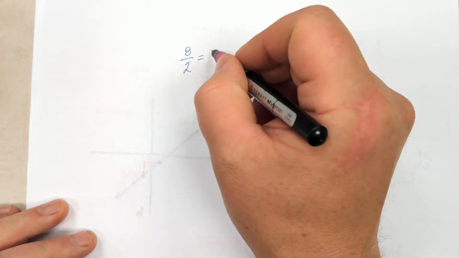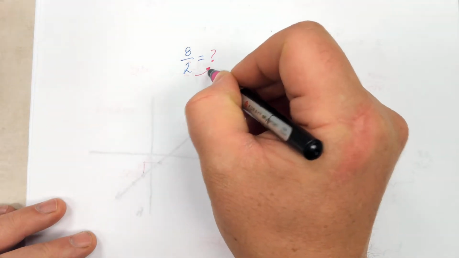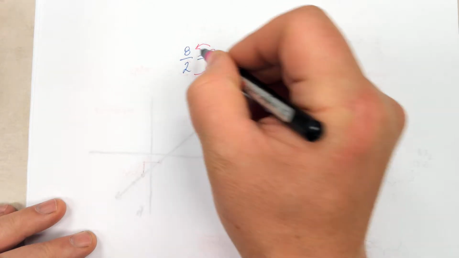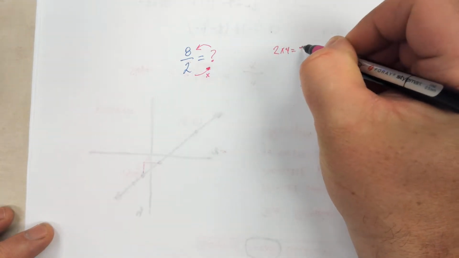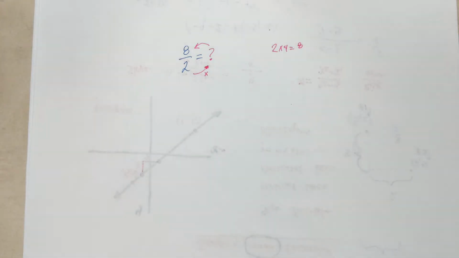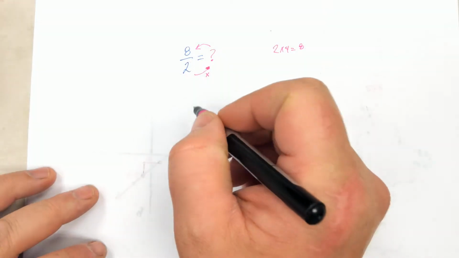And what this is really saying is 2 times what number equals 8. And that's why it equals 4, because 2 times 4 is equal to 8. So 2 times what equals 8, that's how it really works.